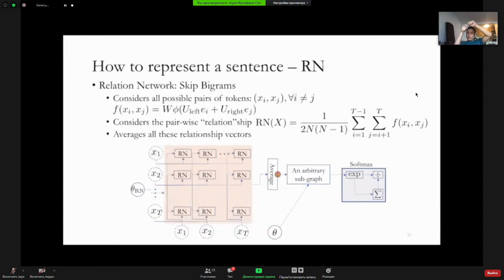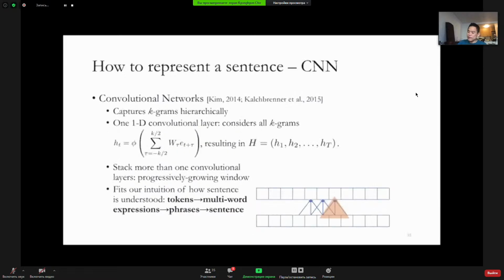For each pair we have this relational network module that gives us some vector representation, and then all these vector representations are averaged, as we did with the continuous bag of words, in order to form a single fixed-dimensional vector representation of the input sentence. So, it seems like the skip bigram is a slightly better, perhaps more flexible representation.